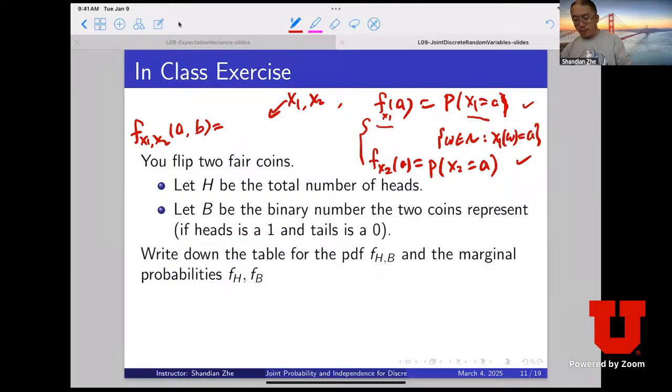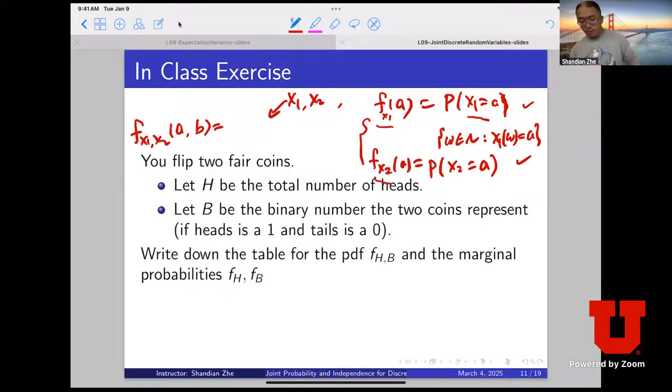For x2, the PDF is the probability that x2 takes some particular value. So if you want their joint probability density, we just need the joint probability that these two events happen. That's the definition.